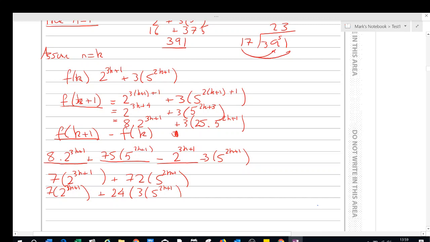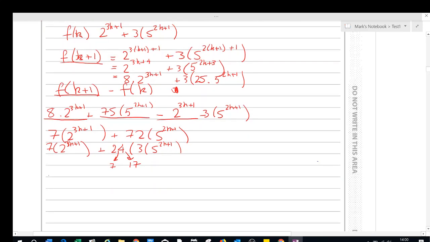Okay, now we've got a 7 here and a 24 here. If we can get the same number in front of both of these, then we can factorise that out. So if I split the 24 into 7 and 17, which is going to be useful later, I could rewrite it as 7 times 2 to the power of 3k plus 1 plus 7 times 3 times 5 to the power of 2k plus 1, and then plus 17 times 3 times 5 to the 2k plus 1.